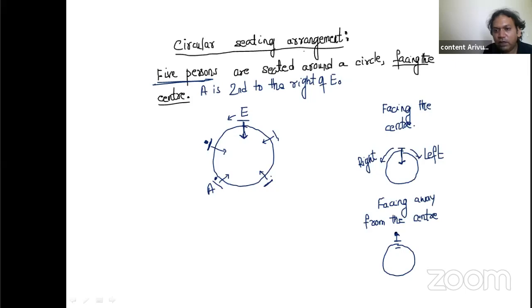Look at the arrow here. He's facing away from the center, not towards the center as in this case. Then right will be in the clockwise direction and left will be in the anti-clockwise direction. So what is going to change now? Right and left will change.